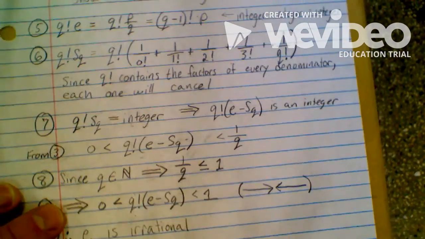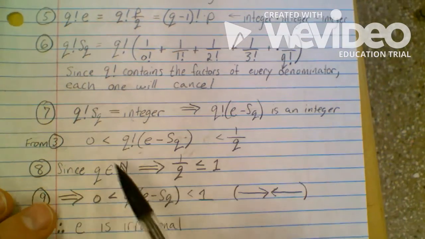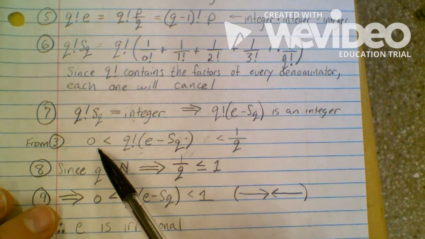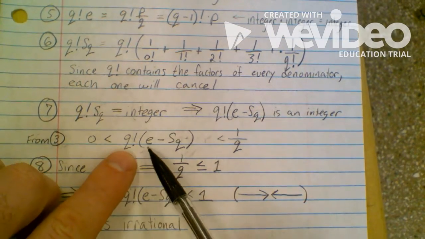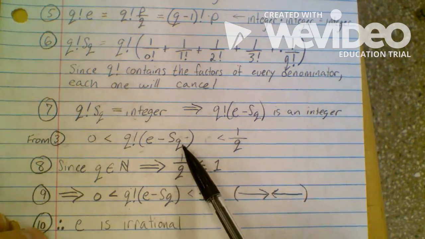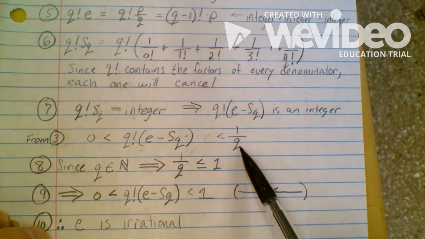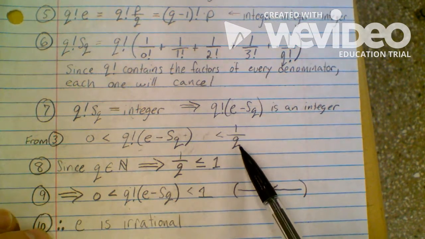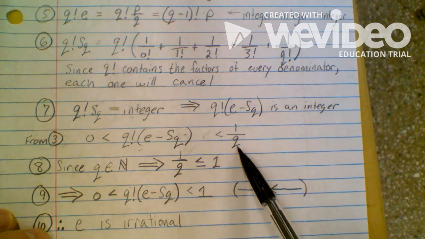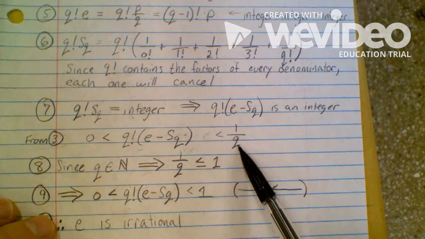All right, and then from line 3, we're just going to rewrite what we had up above. Really what we're trying to show is that q factorial times (e minus s_q) is less than 1 over q. Now, we remember that q is a natural number.